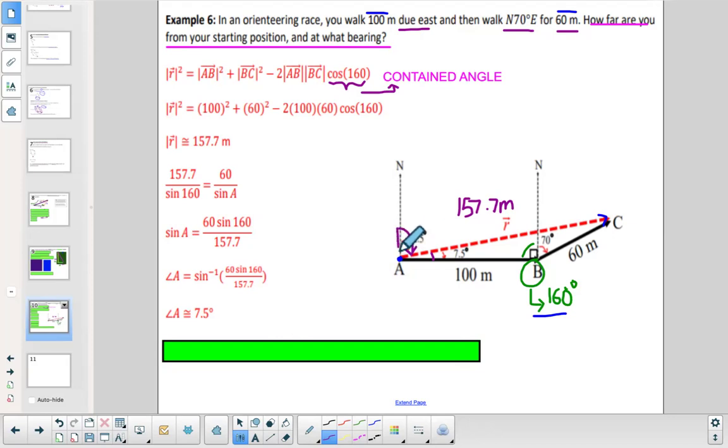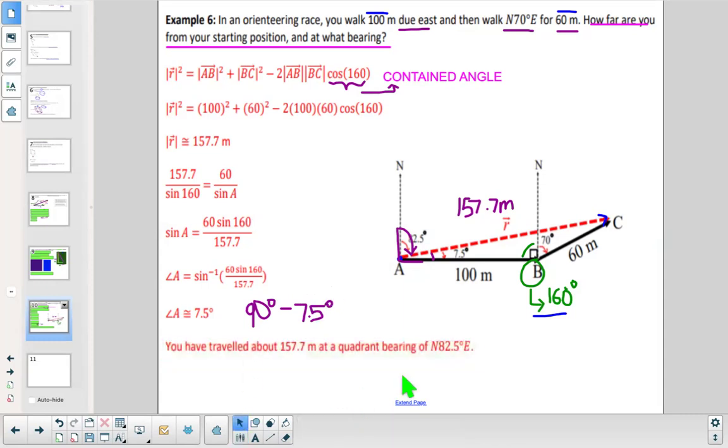Because the angle from north to my first vector is equal to 90 degrees, I actually have to calculate 90 degrees minus 7.5 degrees in order to calculate bearing. And that's going to be equivalent to 82.5 degrees.